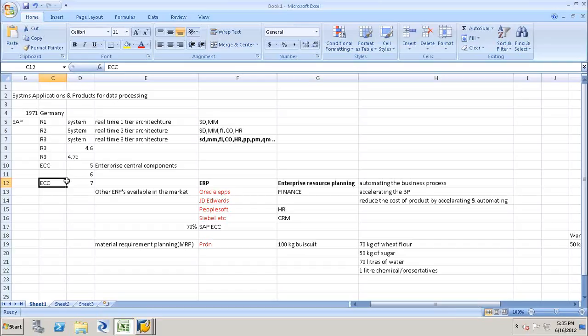So using SAP ECC, as per my knowledge, a minimum of 66 business process transactions can be performed, like sales and distribution, material management, quality management, and so on.